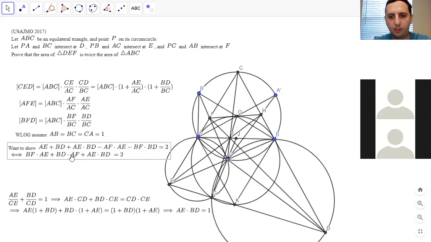And let's see, BD times AF is BD times 1 minus AE. Yeah, once we know this, I feel like it should help a lot.